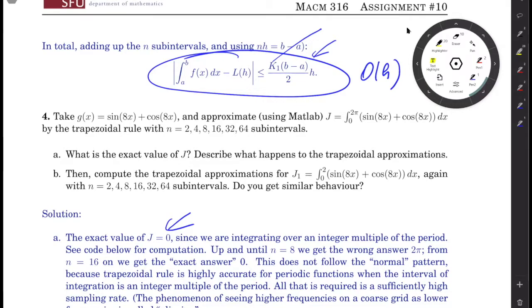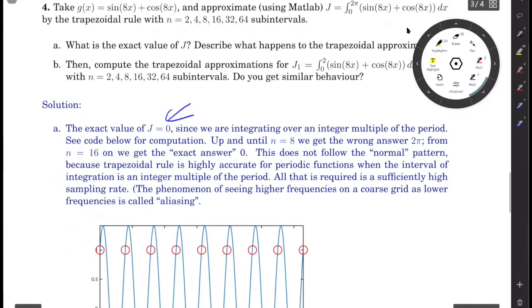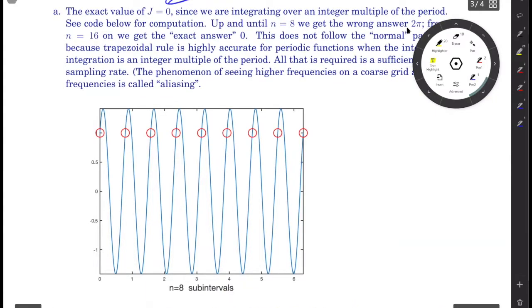But when we actually do the computation with this function here, we get the wrong answer, 2 pi, at first. And after n equals 16, we get the right answer. And so this has to do with periodic functions. When you look at the function values here with n equals 8 subintervals, you can see that I just happen to evaluate the function at all places where it's equal to 1. And since I'm integrating over the interval from 0 to 2 pi, the trapezoidal rule gives me 2 pi.